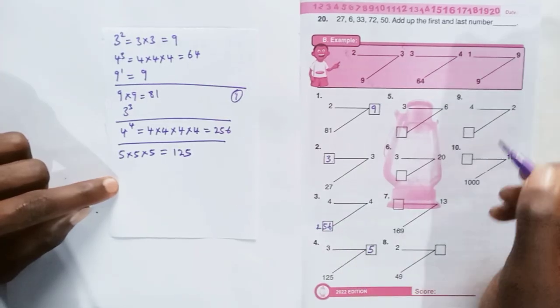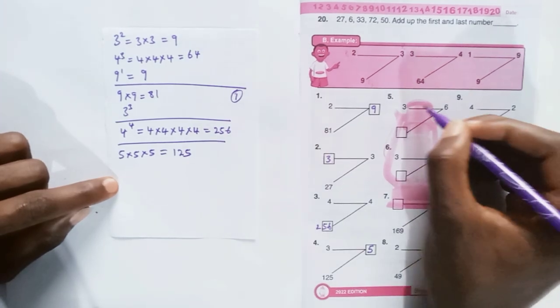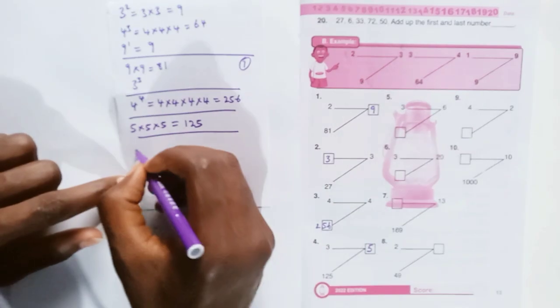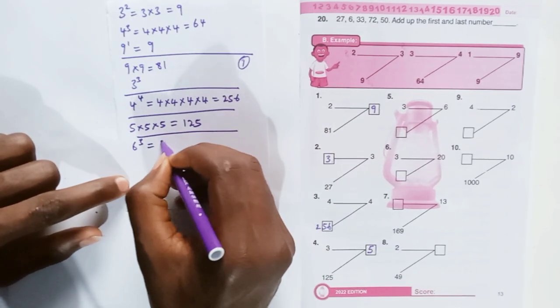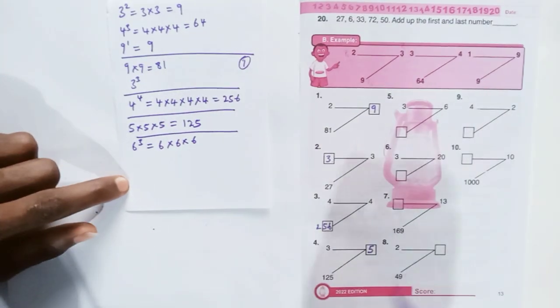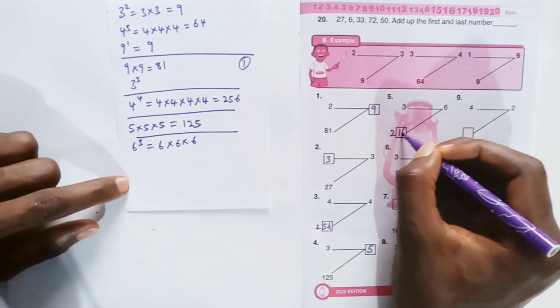The next one, number 5 now, will be 6 raised to the power of 3 gives what? 6 raised to the power of 3 is 6 times 6 times 6. Okay, so that will be 216.